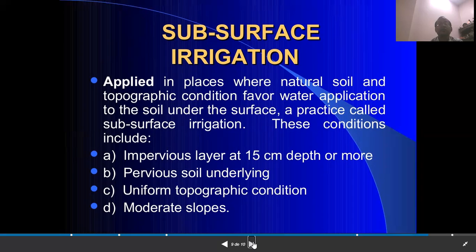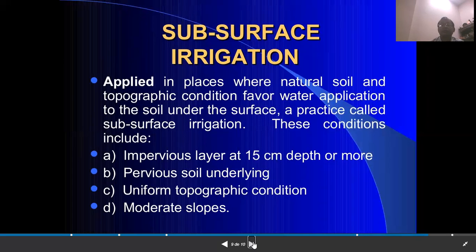These conditions include an impervious layer at 15 centimeter depth or more, pervious soil underlying, uniform topography, and moderate slope.